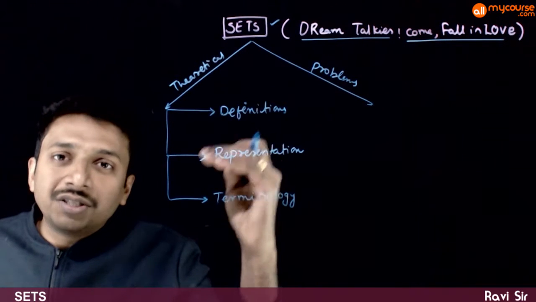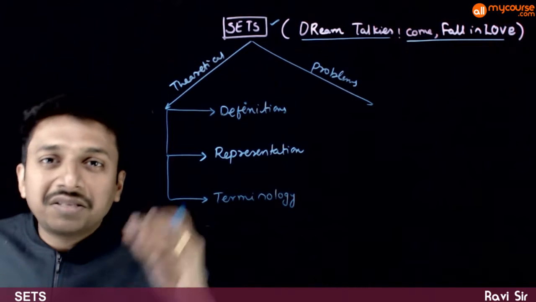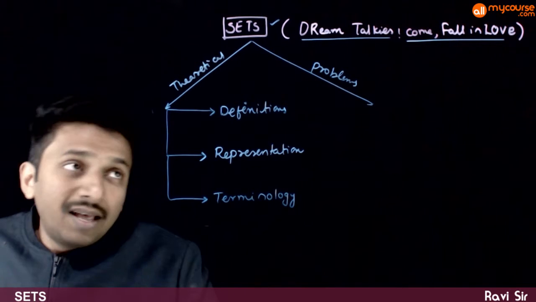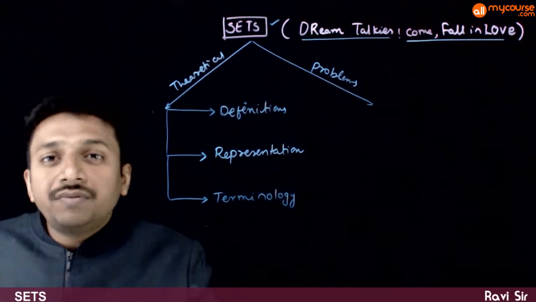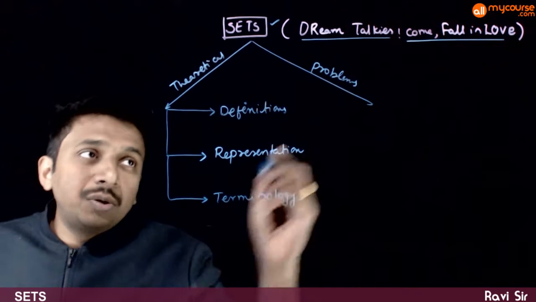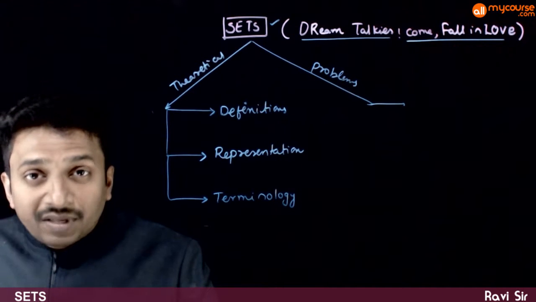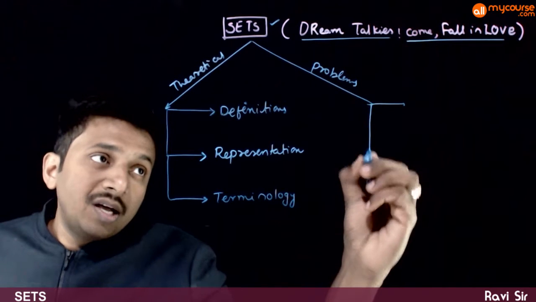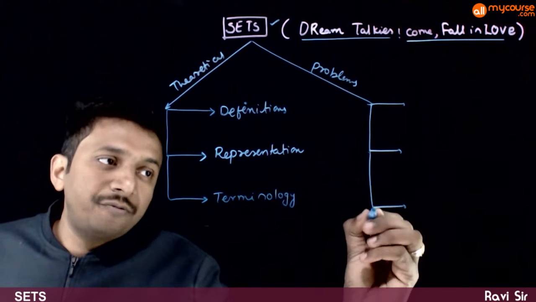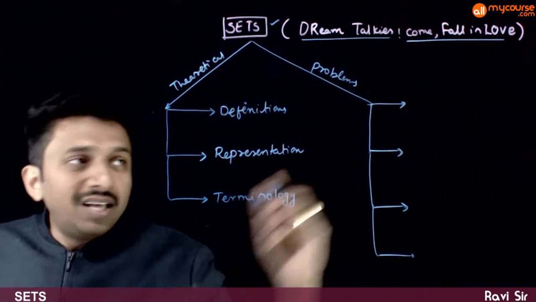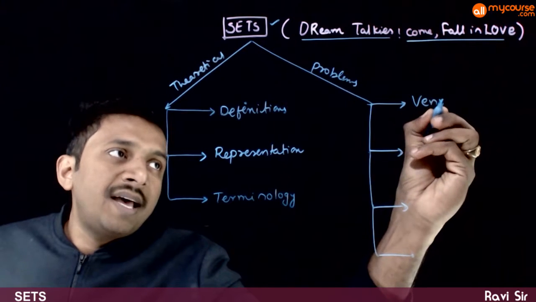So these three constitute the theoretical part, that is the basic study that you need to do before going to the problem section. And once you are conversant with these three topics, next you go to the topics where problems will be asked. So those topics come under four headings. The first is the topic of Venn diagrams.